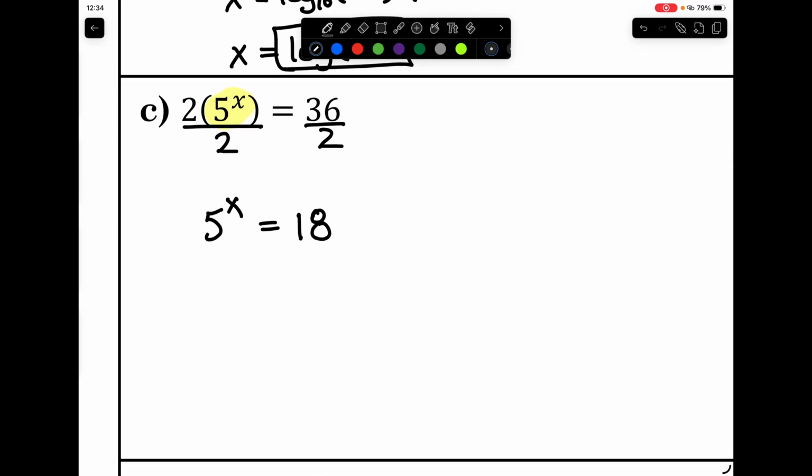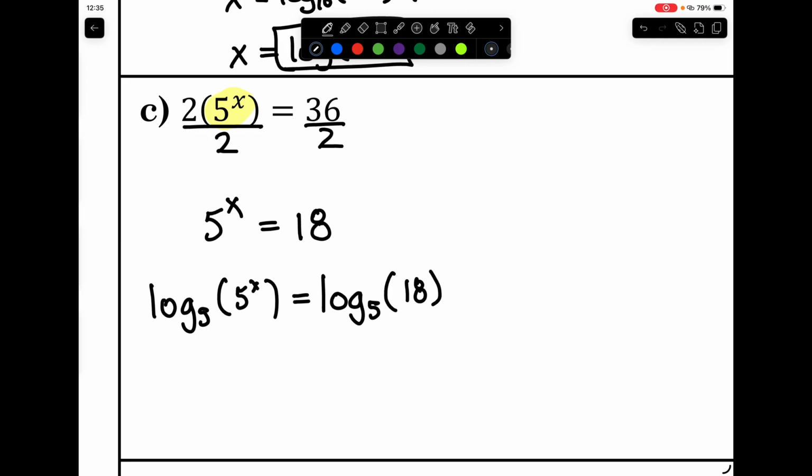So here, I'm going to take the log base 5 of 5 to the x power, and the log base 5 of 18. So this and this cancels out, and x is going to be the only thing that's left. And now I have the log base 5 of 18.